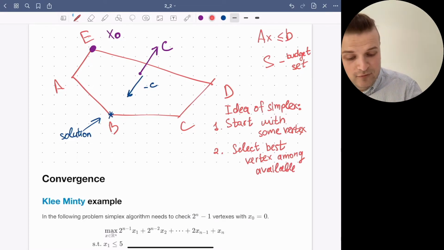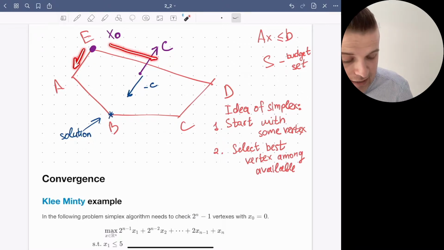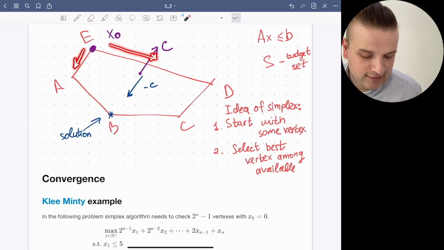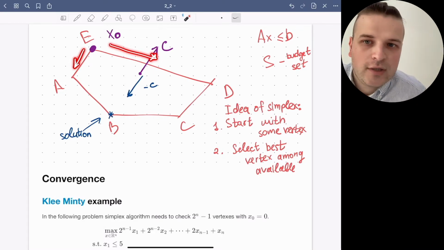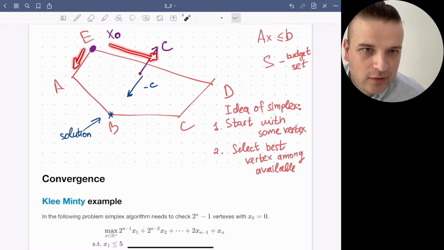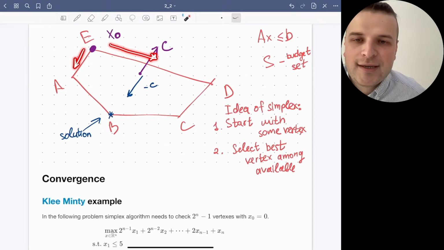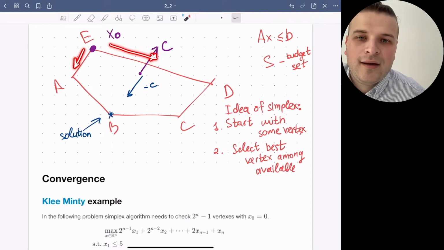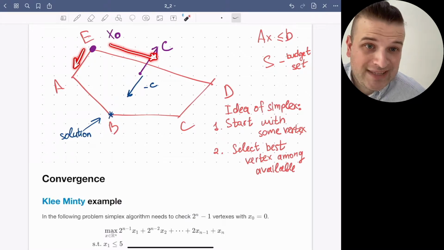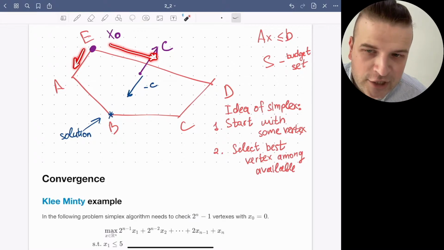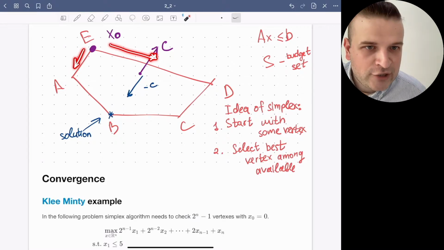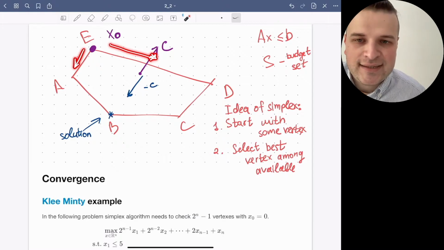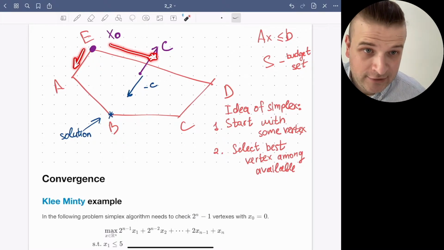which means that from vertex E we can go in this direction to vertex A and vertex D, and we just have to figure out which direction is the best. That's pretty easy to understand, because the best direction is the greedy direction, and the greedy direction here is such a direction that mostly coincides with the anti-gradient direction.